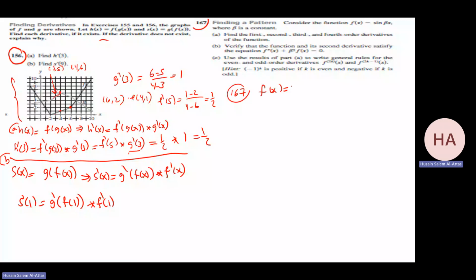I have f of x equals sine beta x. I need first to find the first, second, third, and fourth derivative. F prime will be what? Beta cosine beta x.